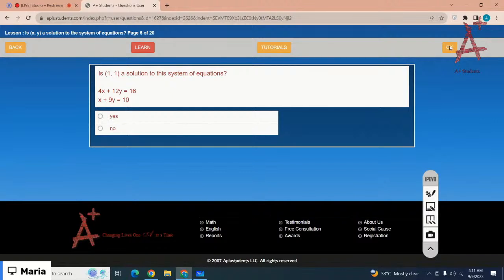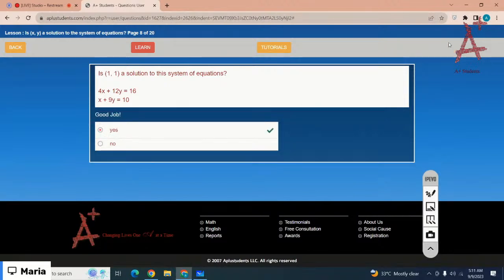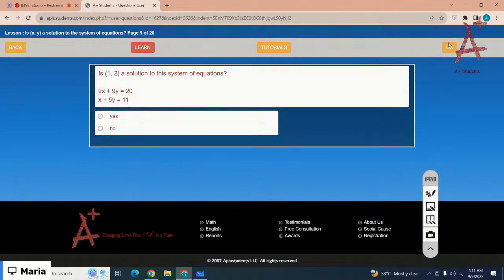Which is the correct option? The correct option is yes, it is a solution of the system of equations. Very good. Is (1, 2) a solution of the system of equations? Which is the correct option?